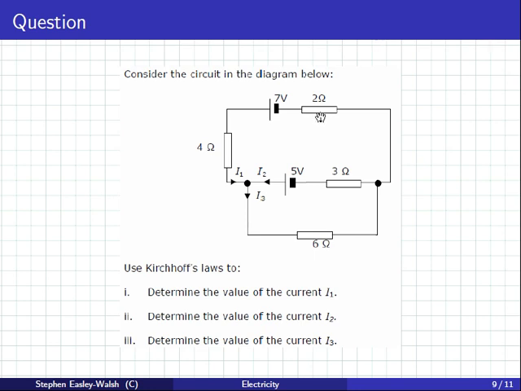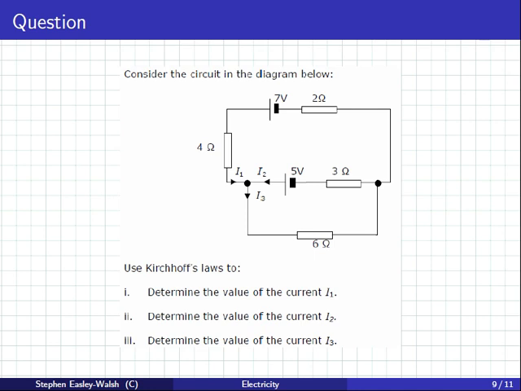It's I1, because look, here's I1, which means here's I1, which means this whole piece from here to here is I1. I2 is only from here to here. Okay, do you all have that? 7 minus 4I1 minus 6I3 minus 2I1 equals 0. You got that? Okay.